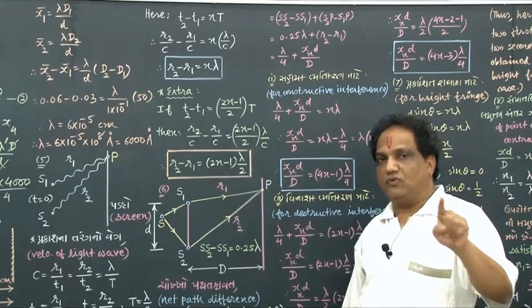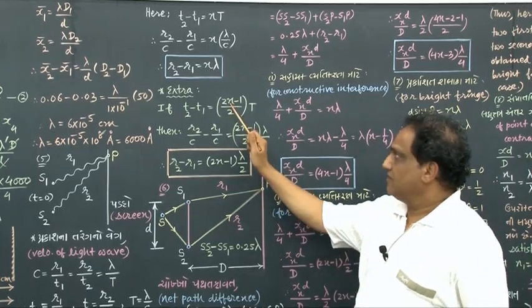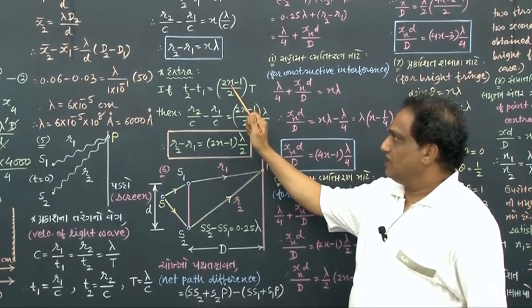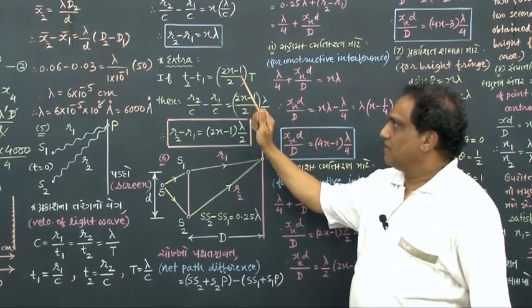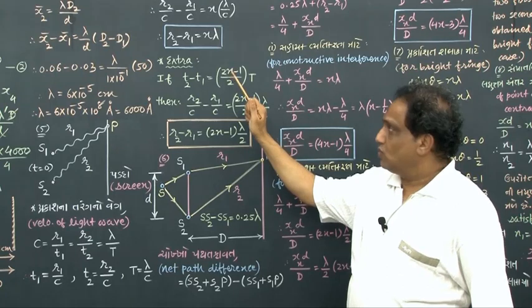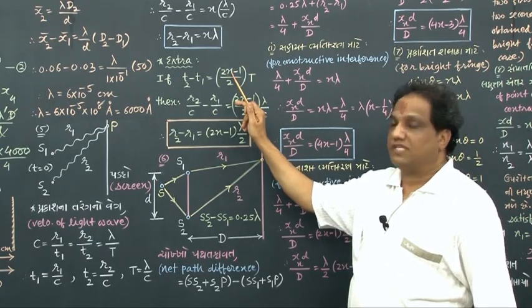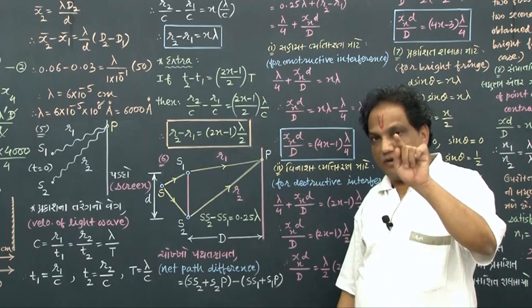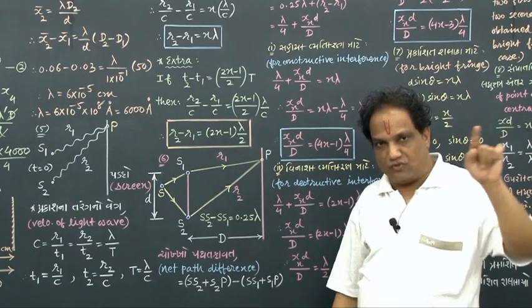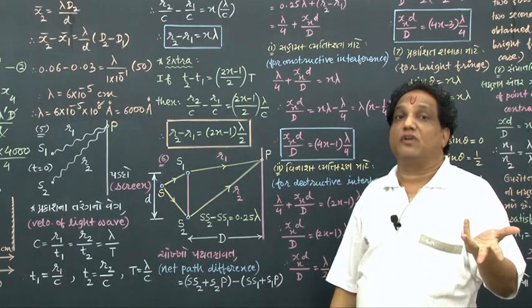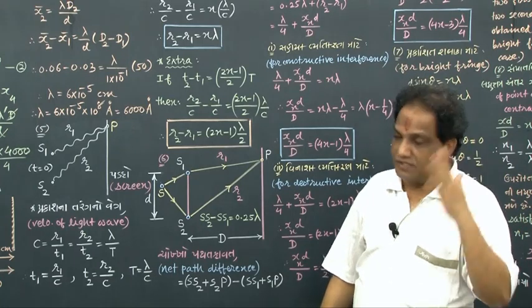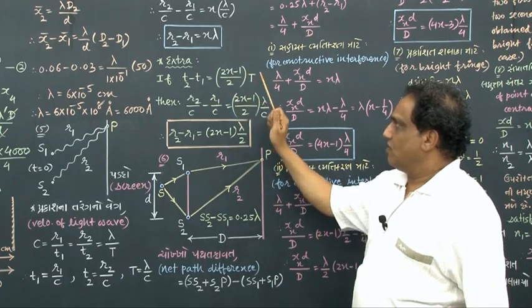Take n values 1, 2, 3 and so on respectively. When you take 1, it will be 2 into 1, that is 2, minus 1 is 1, so 1 by 2. Take n equal to 2, 4 minus 1, 3 by 2. Take n equal to 3, 6 minus 1, that is 5 by 2. So you will get 1 by 2, 3 by 2, 5 by 2, 7 by 2, and so on. What are these values? Half integer multiples. So this is half integer multiple of periodic time.